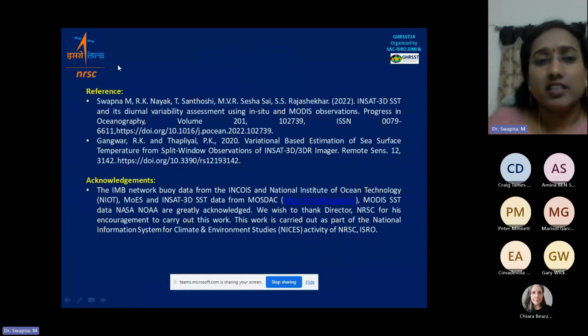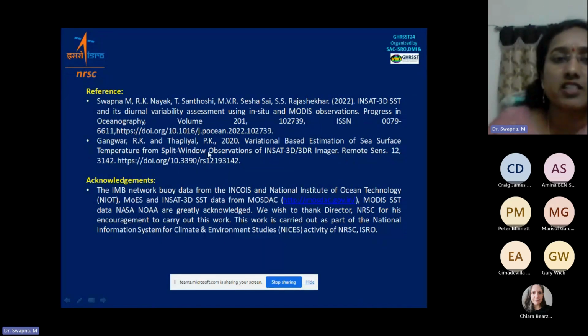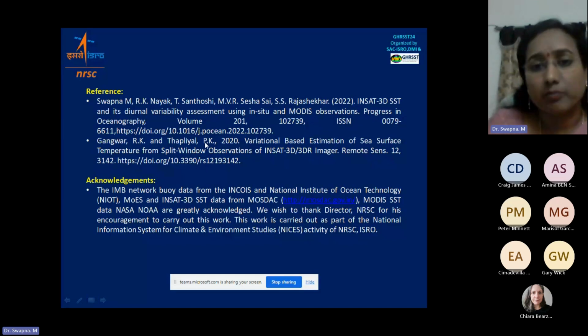As I told, the detailed results for the previous version of INSAT-3D SST are in the paper INSAT-3D SST and its diurnal variability assessment using in-situ and MODIS observations. The latest version of INSAT-3D SST has been implemented from 2021. The methodology is given in Gangwar and Tapliyal, so you can refer to that paper for the latest version.